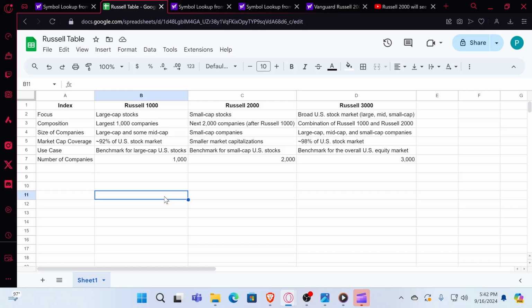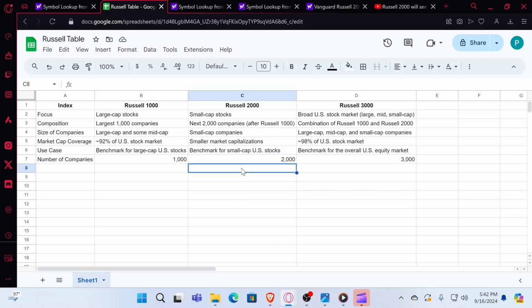So the Russell 1000, like the S&P 500, covers a lot of the larger companies, your Apples, Microsofts, Nvidia's, Amazon's, Google, etc. And it's really been a benchmark for US large cap stocks, 1,000 companies, a little bit more than the S&P 500. The Russell 1000 goes into some more mid caps that the S&P will not cover.